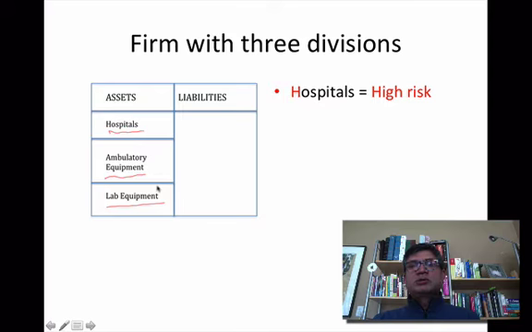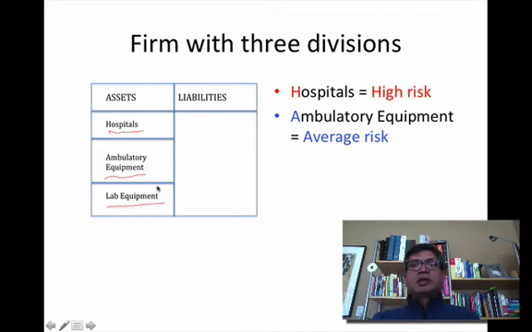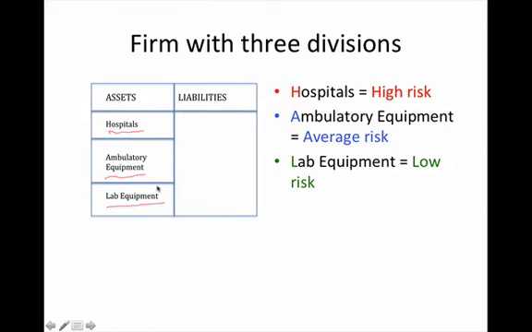Suppose it also turns out that the market risk of the hospitals division is high, so it's a high risk division. For the ambulatory equipment division, the market risk is average, so it's the average risk division. And as you might have imagined, the lab equipment division is the low risk division.